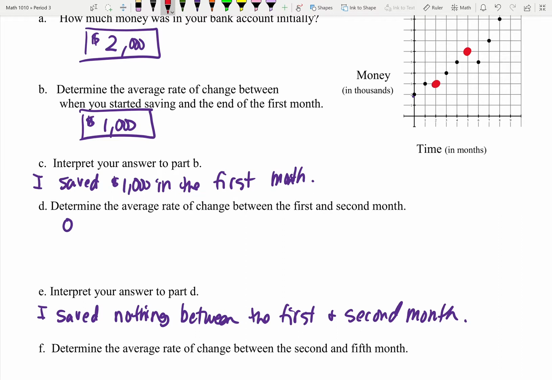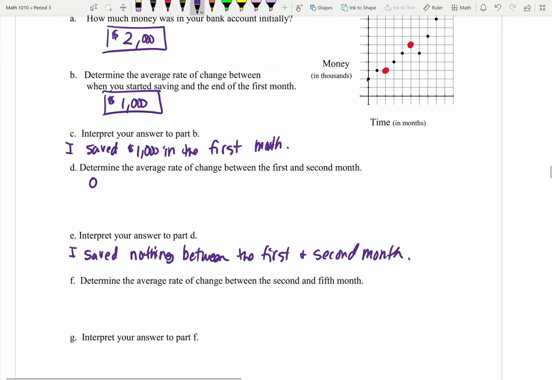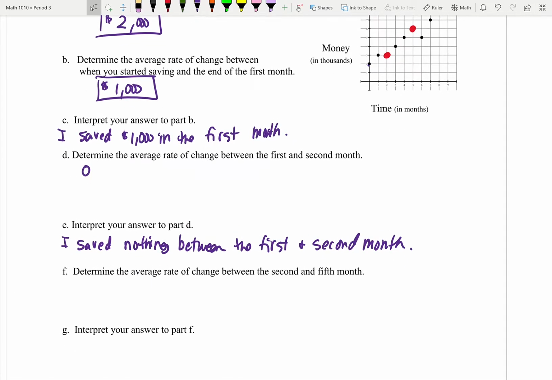Okay, I'm going to do it wrong. This time it's going to be wrong on purpose. And you're going to fix it. Okay, look. The second month, I had 3,000. The fifth month, I had 6,000. So from 3,000 to 6,000, that difference is 3,000. That's my average rate of change.